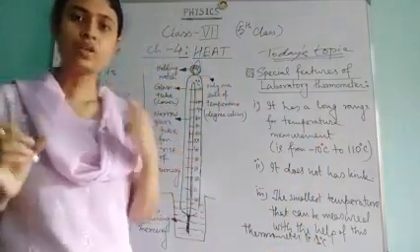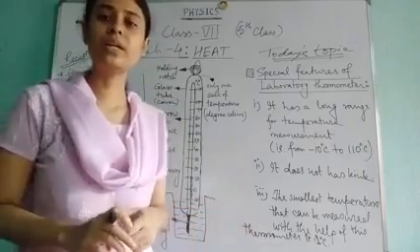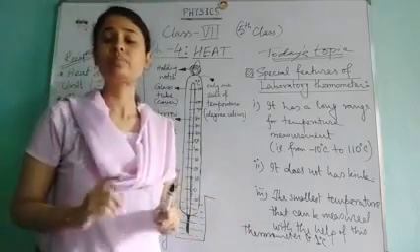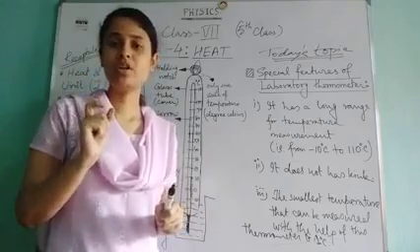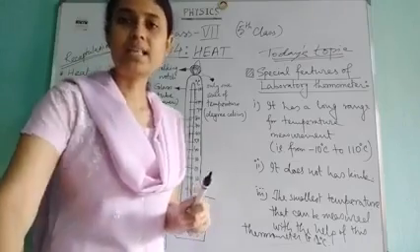Okay. So with the help of this type of thermometer, we can measure the smallest division. That means the smallest temperature that we can measure is 1 degree Celsius.